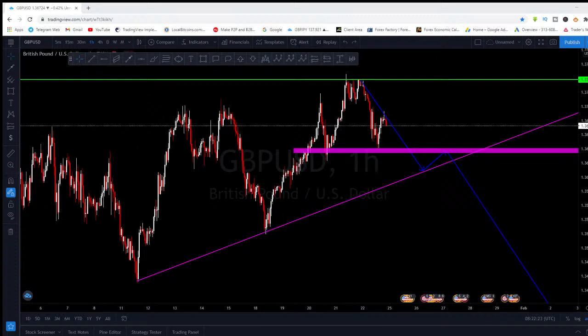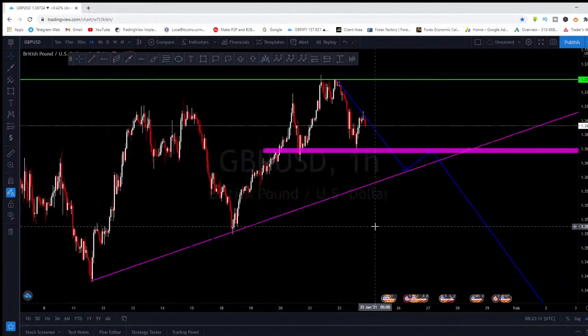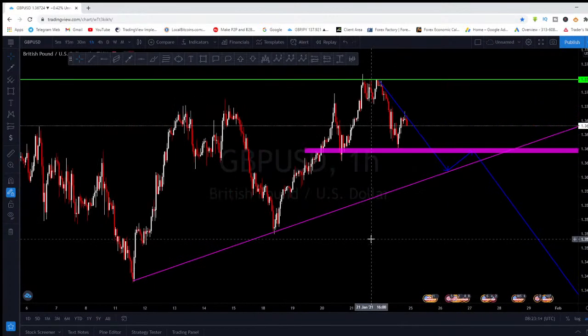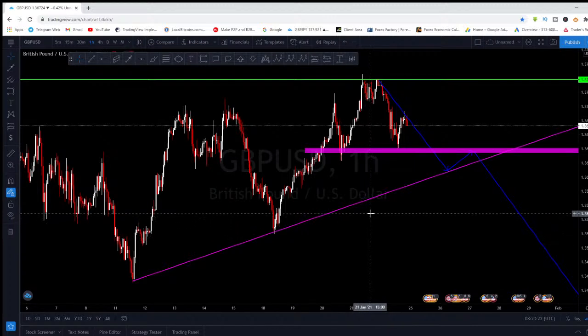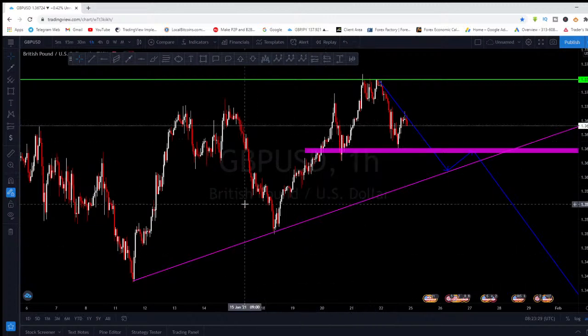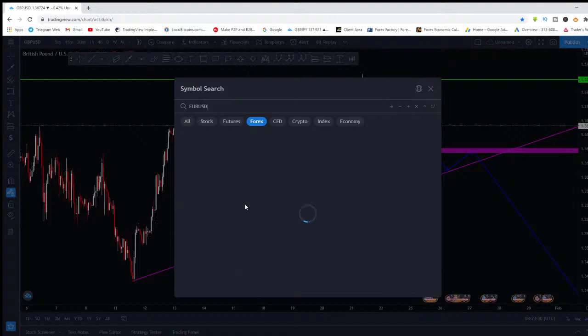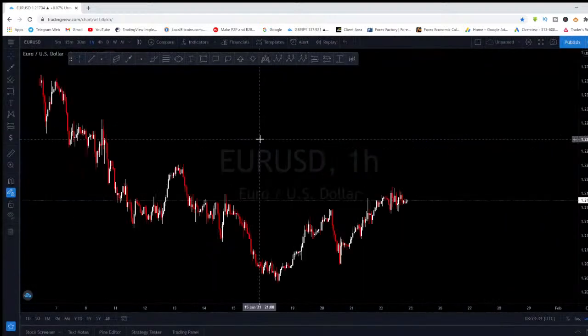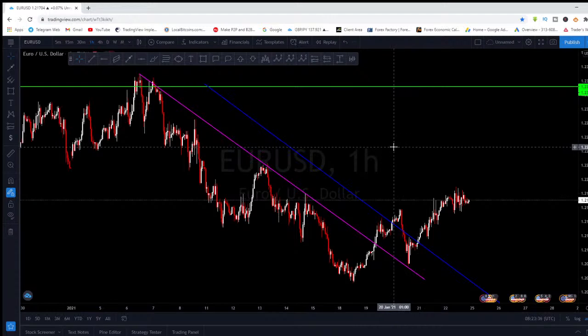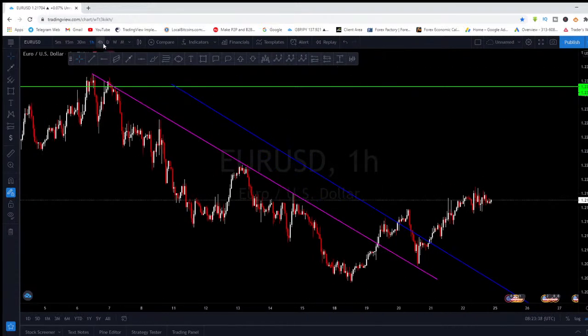Now if there's any question regarding the GBP USD analysis, then let me know before we proceed to check out another pair. So we'll check on Euro USD right now if there is no question on the GBP USD, right? So let me go down to Euro USD. This is Euro USD 1 hour time frame right now.